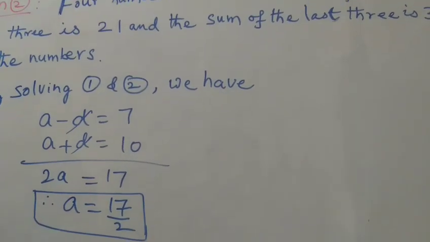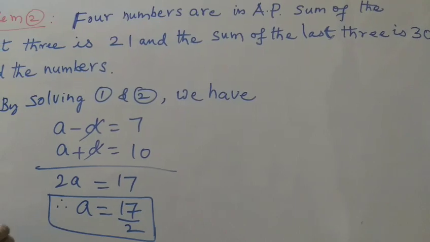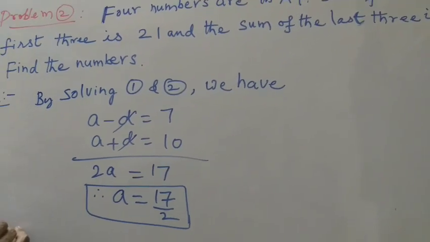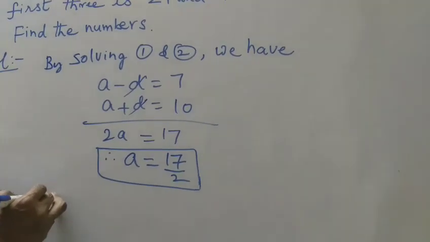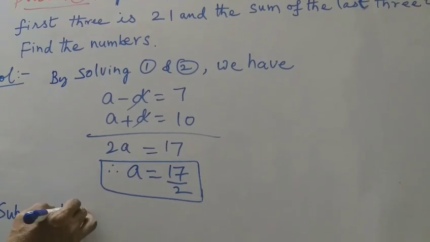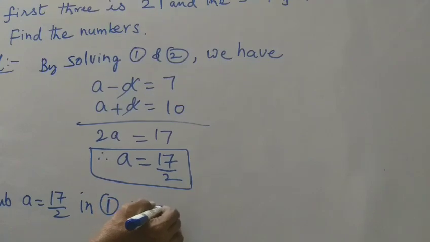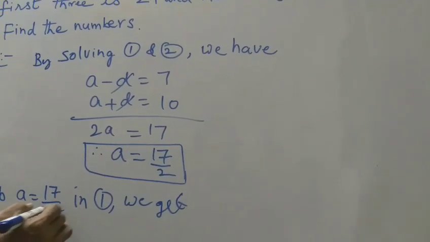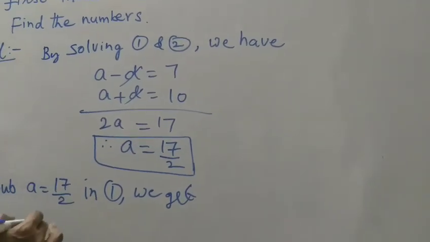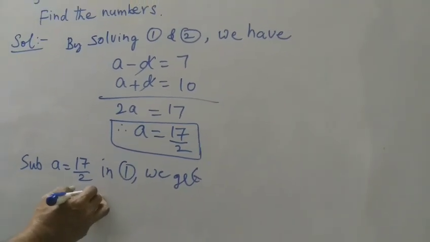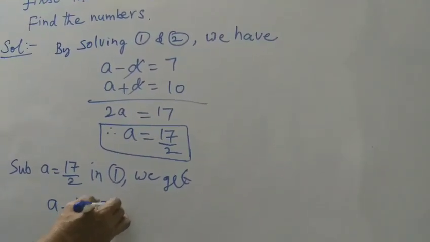Now, substitute the a value in the first equation. Substitute a is equal to 17 by 2 in 1, we get a minus d is equal to 7.